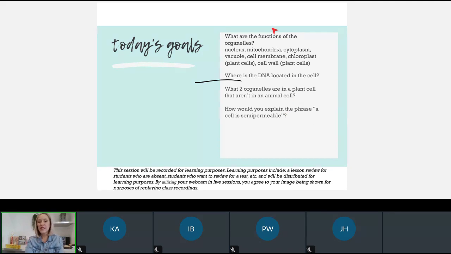Do you know the functions of the cell organelles the best? Are you like, oh, I know where the DNA in the cell is. I got that one. I feel like most of you know that. Don't let it trip you up. All right. What about this one? Two organelles in the plant cell that aren't in the animal. And how would you explain semi-permeable?